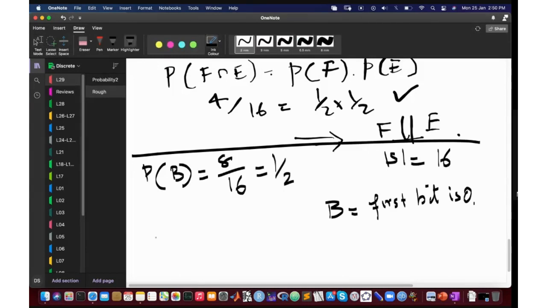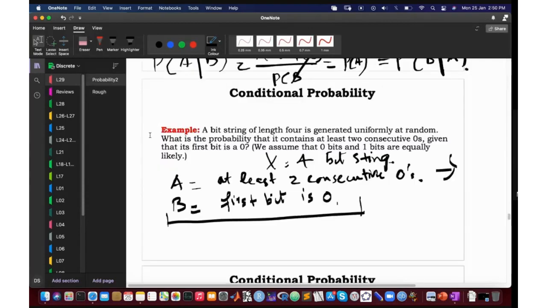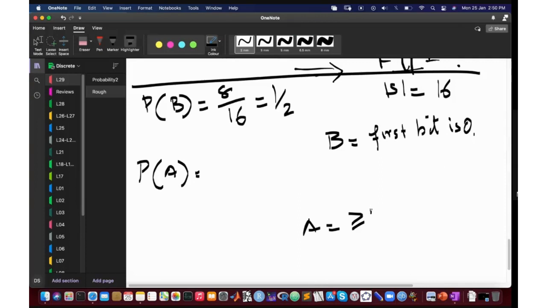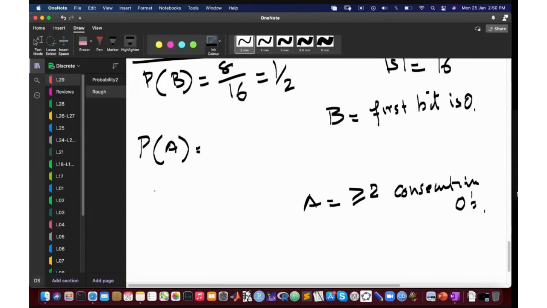And the second case is the probability of A, where the event A was at least 2 consecutive zeros. So how can I get 2 consecutive zeros?